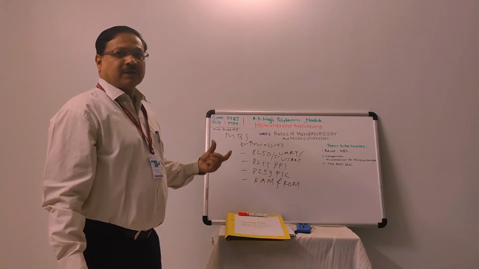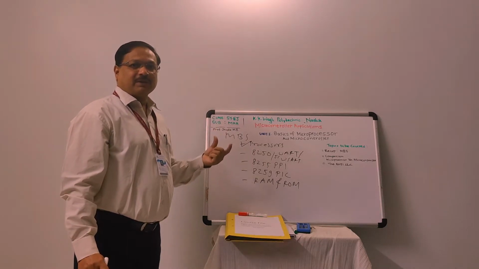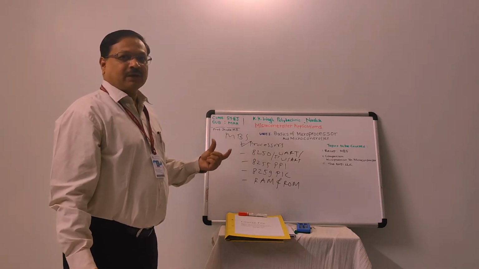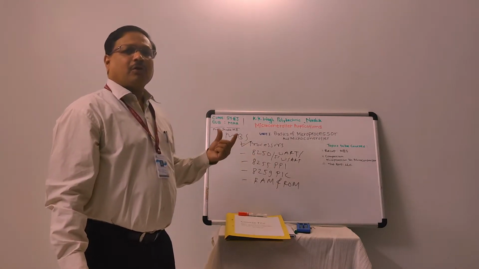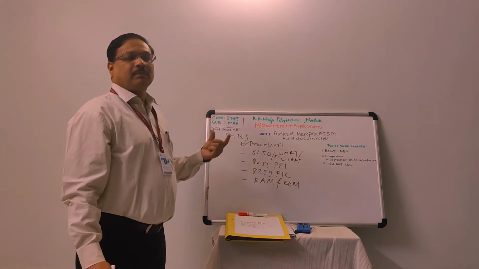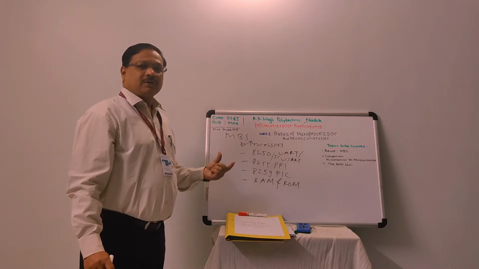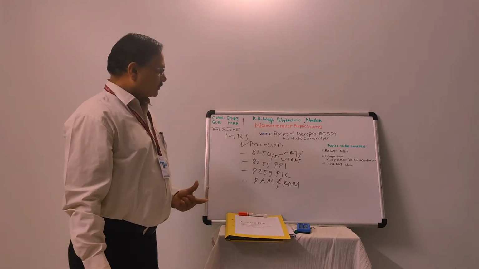Using that you can control the different parameters and different processes that are going on in the industry. So basically for automation purposes, microcontrollers are preferred over microprocessors.